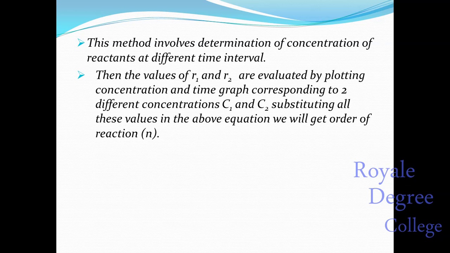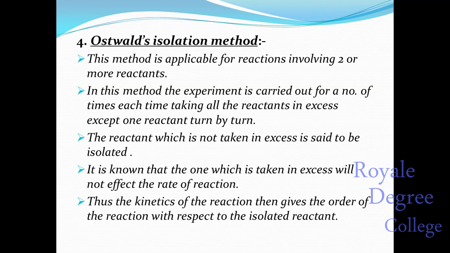This method involves determination of the concentration of the reactants at different time intervals. Then the values of R1 and R2 are evaluated by plotting a concentration and time graph corresponding to the two different concentrations C1 and C2. Substituting all these values in the above equation, we will get the order of reaction. That is, the n value we can find out.